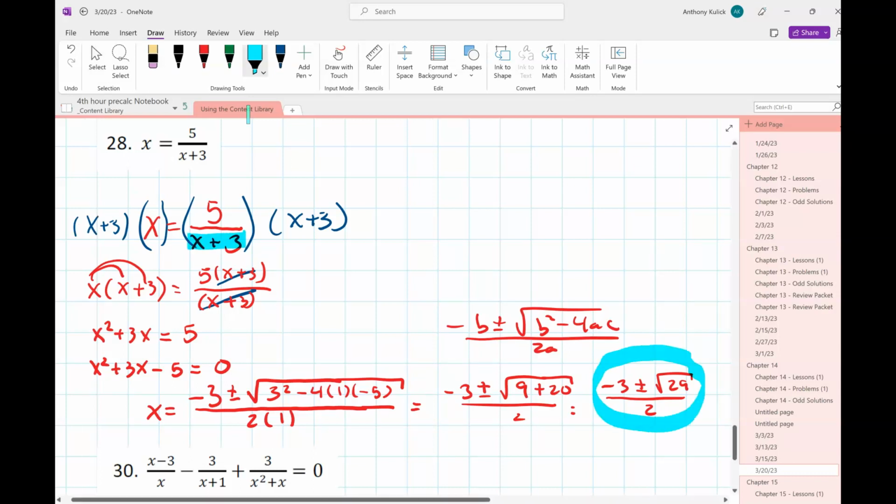Yeah, I just need to go back to the original and make sure that I don't get a 0 denominator. Now is negative 3 plus or minus the square root of 29 over 2, if I add that to 3, am I going to get 0? Definitely not, right? What do I need to add to 3 to get 0? Negative 3. Is that negative 3? No. So is this answer okay? Yes.